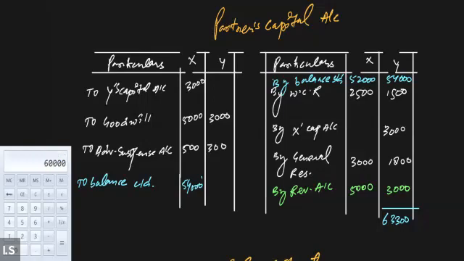So it will be 60,000. Closing balance for Y is 60,000. Both of you are getting the same answer, 63,300, and then it will be 62,500.